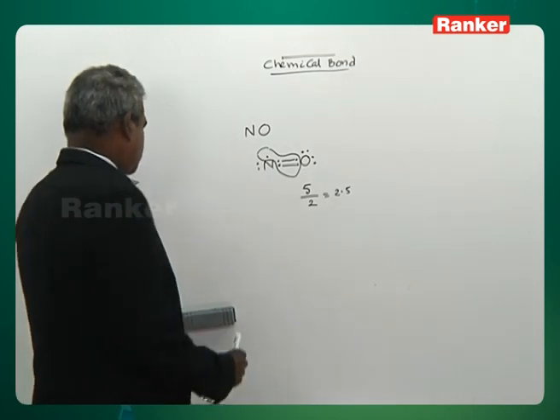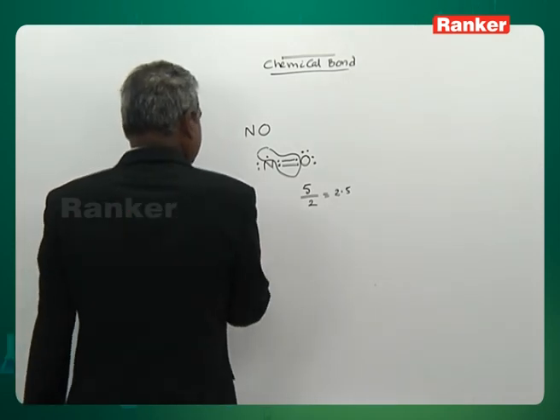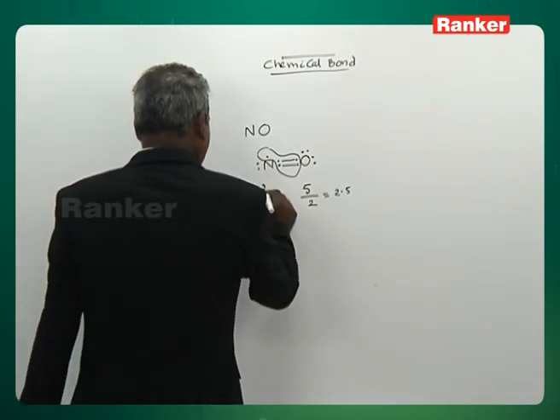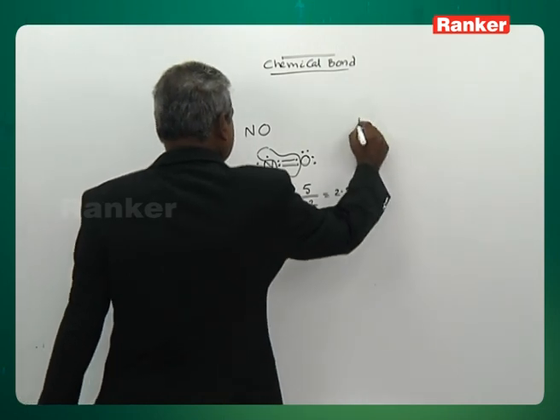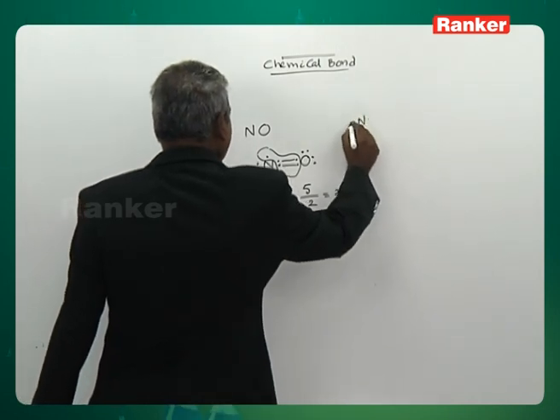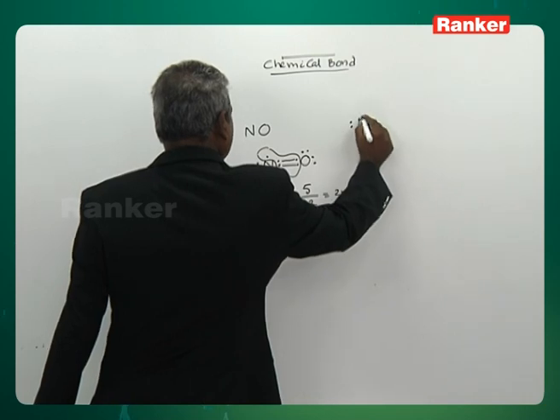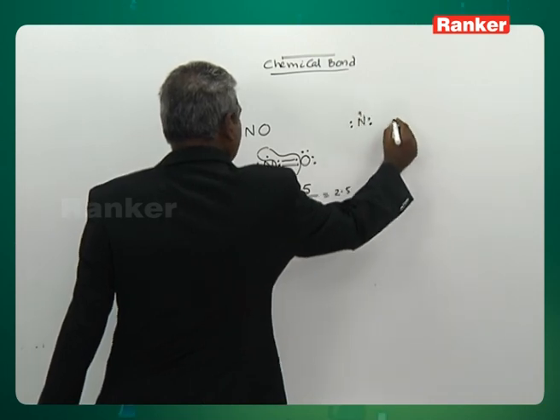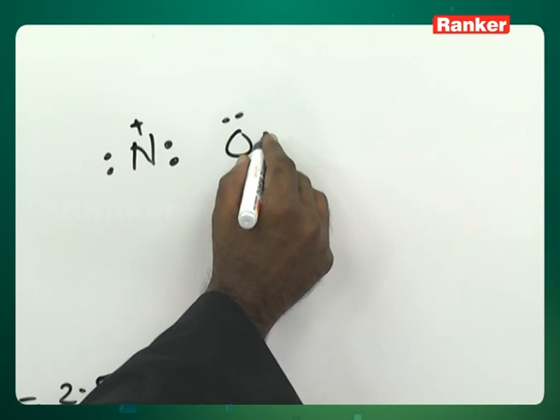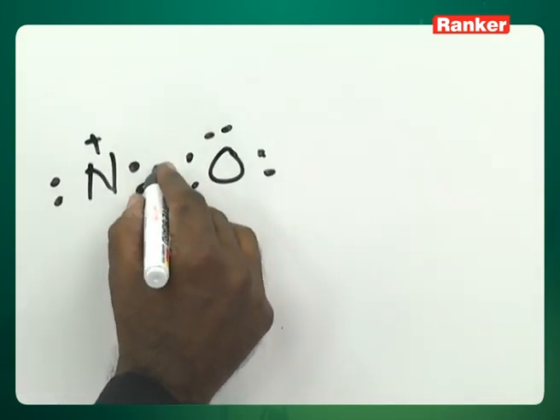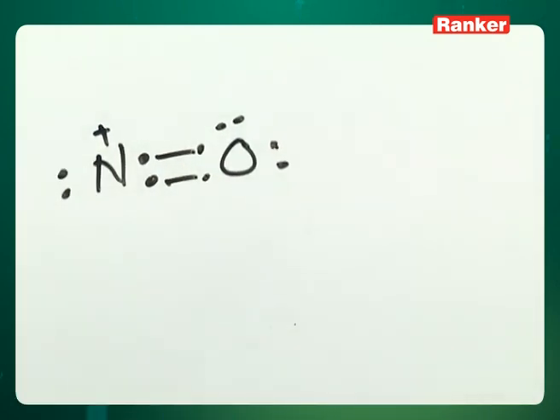So NO. And when NO becomes NO plus, the bond order increases. NO plus, 1, 2, 3, 4, 5, 6. What is happening here? You remove the electron.